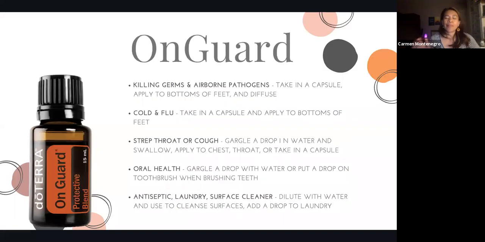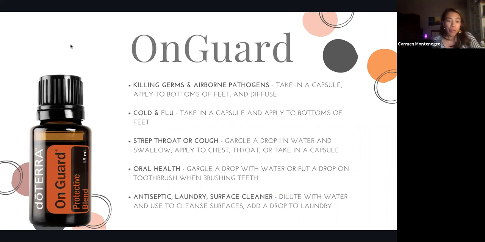So all right, the next blend is Onguard. These are actually one of the top oils in doTERRA. Onguard is the one that is good for our immune support, and it's a blend of oils that when you start to feel bad, immediately when you use Onguard, it would prevent your feeling from getting worse.